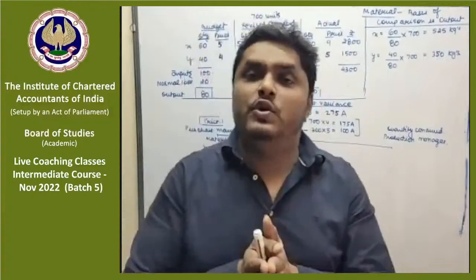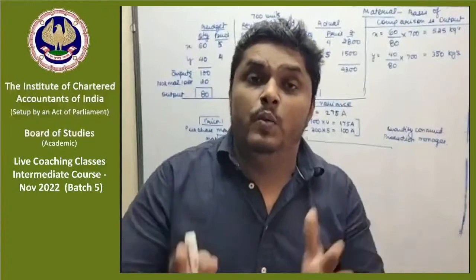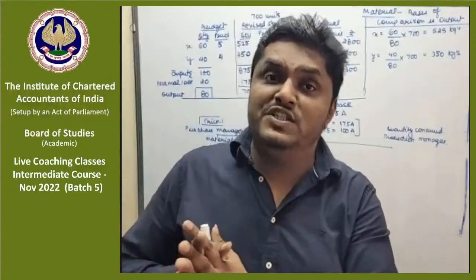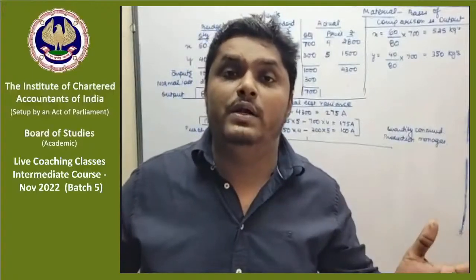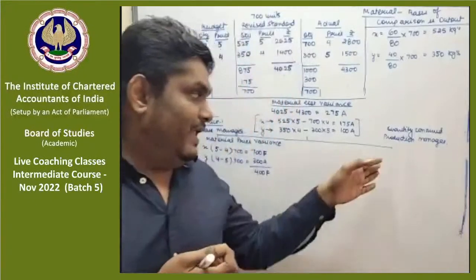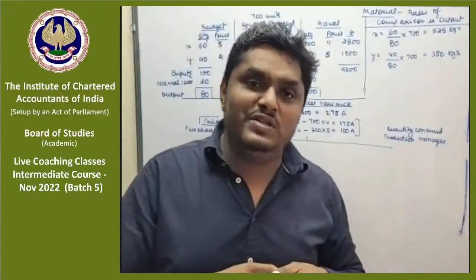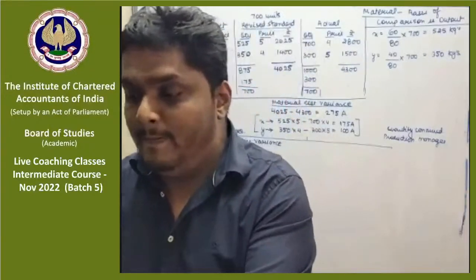Because when talking about the overall loss, there is an overall loss of 275. But when talking about the work done by the purchase manager, he simply justifies that I have not contributed to the loss. Even I have made a profit of 400 to the company. So can you tell me how much is the loss that is contributed by the production manager?